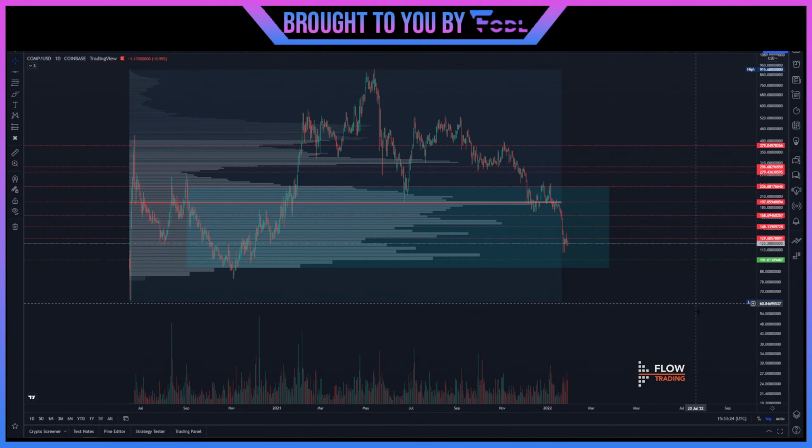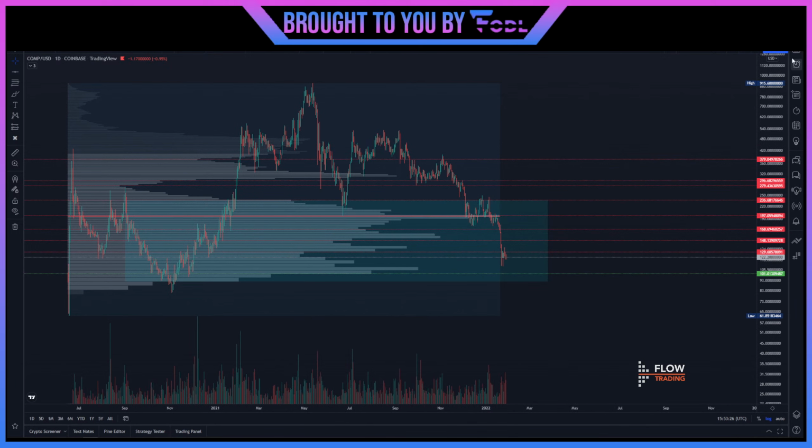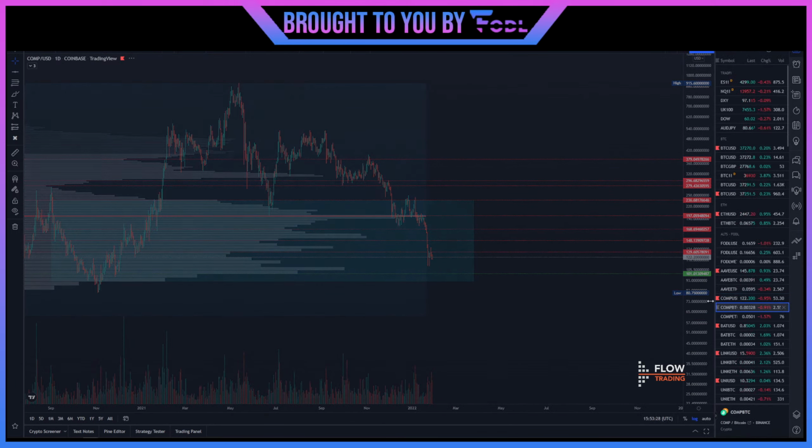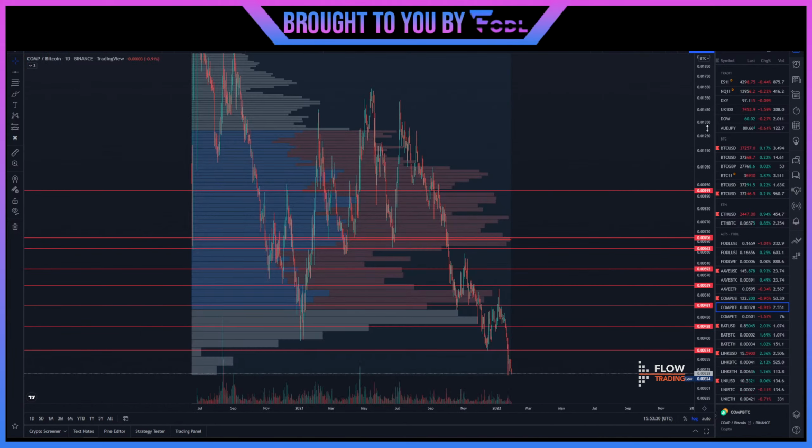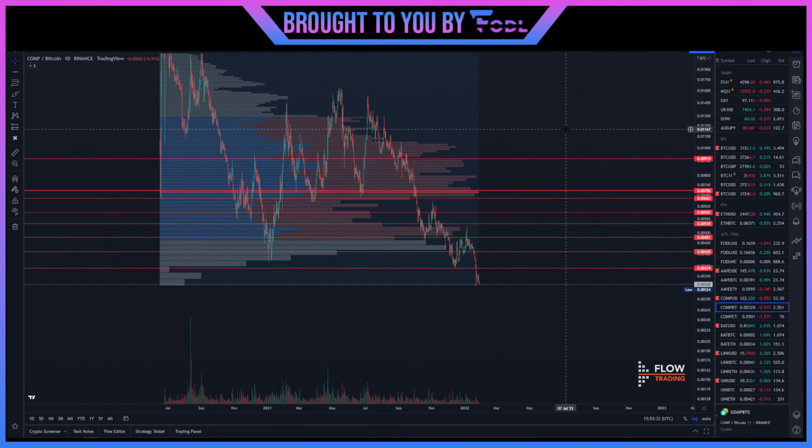So that's Compound versus USD. Compound versus BTC, again very much the same. This is going to be the predominant thing with all of these altcoins: they basically just follow Bitcoin. It doesn't matter what trading analysis you do. If you look at the fundamentals, the mechanics and everything else, all of these coins are basically being dragged around by Bitcoin.